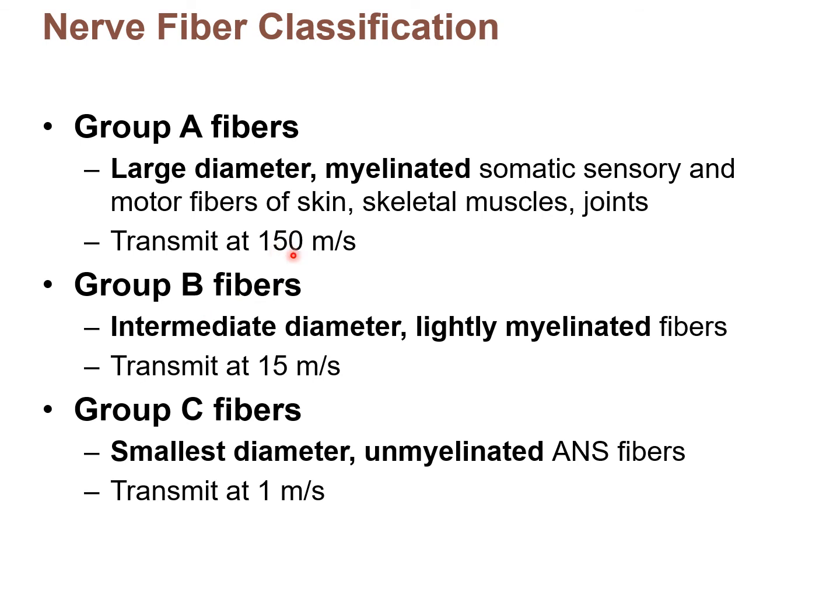We can see how fast the action potentials travel in meters per second: 150 meters per second, way faster than group C. The difference is that group A has a much larger diameter axon and also happens to be myelinated, versus group C, the smallest diameter and unmyelinated, which is much slower than the group A fibers. So those are the two factors, diameter and myelination, that affect the conduction velocity of action potentials.